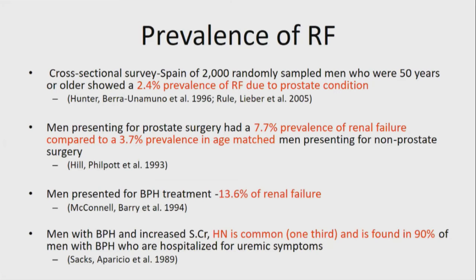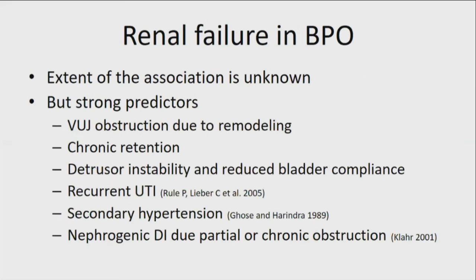When the patient has uremic symptoms, more than 90% had hydronephrosis. Having said that, the extent of the association of the hazard ratio is not well established. But these are strong predictors to tell the patient that they will develop disease progression and renal failure.